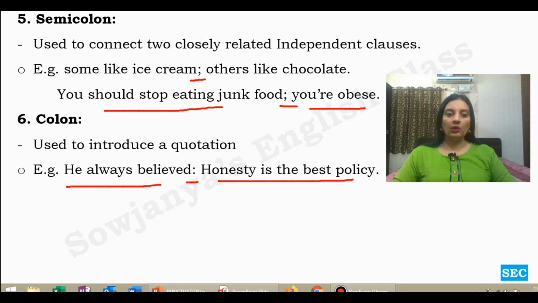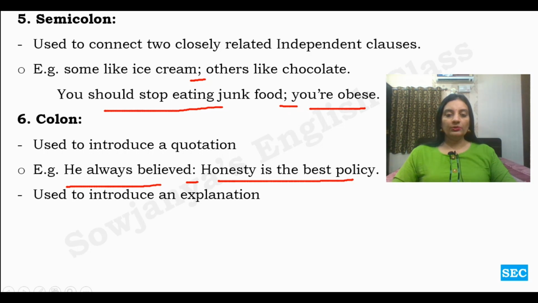Okay, "he always believed" is a complete sentence. Subject is there, verb is there. That is why it is a sentence. Colon can be used after one meaningful sentence, or we can call it an independent clause. And it is used to introduce a quotation, "Honesty is the best policy" over here.